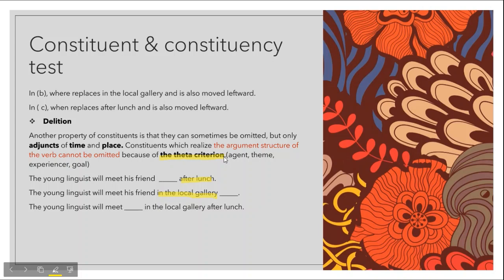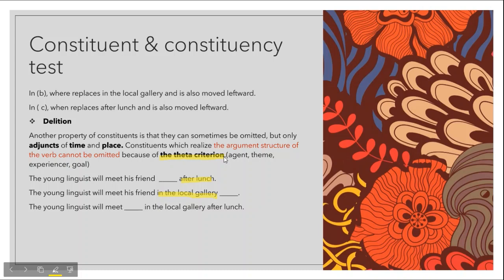Okay so theta criterion هي ديك اللي كنا نقراو فيها agent, theme, experiencer والجول. المهم إلا بغيتو في البارت ديال semantics نولي ندير لكم شي ريفيو عليها.